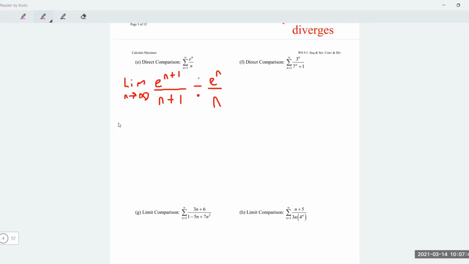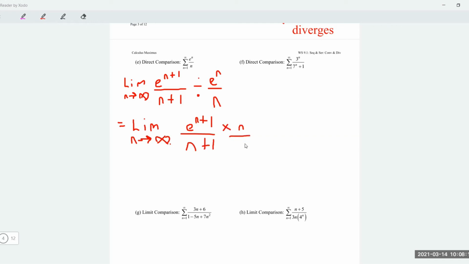So when you're doing division, you can reciprocate. That will become the limit as n approaches infinity of e to the n plus 1 over n plus 1, and then you reciprocate and change the sign to multiplication. This becomes multiplying by n over e to the n.